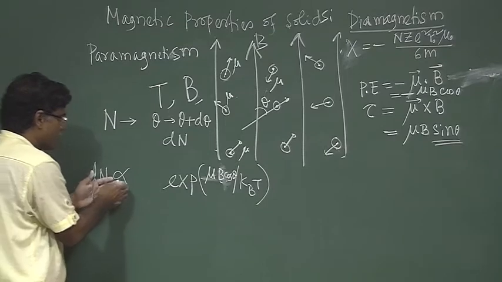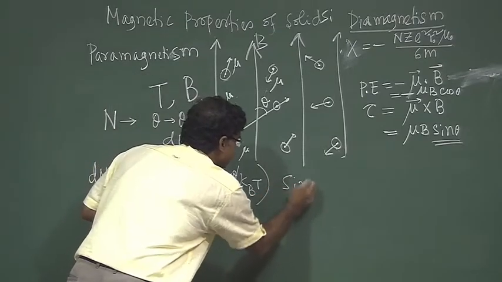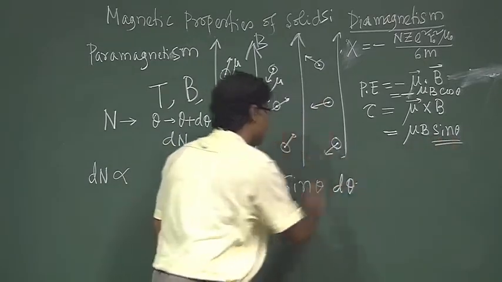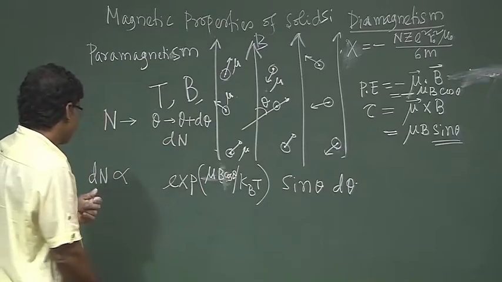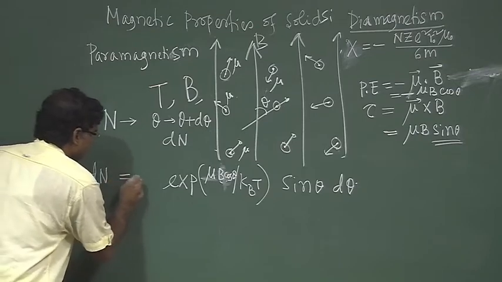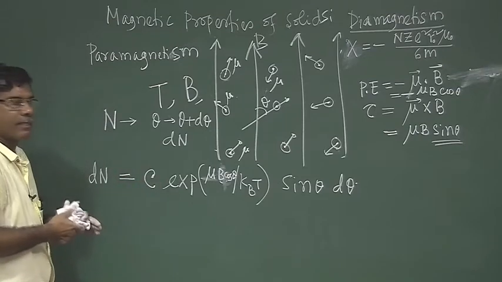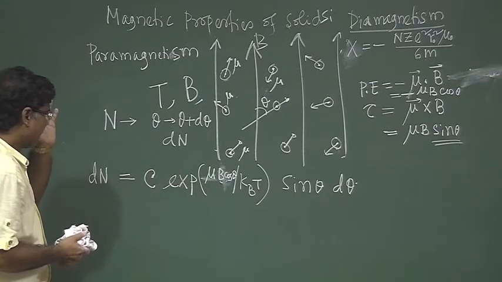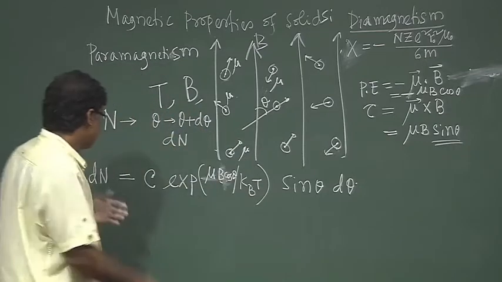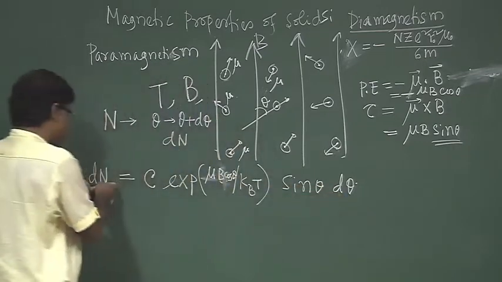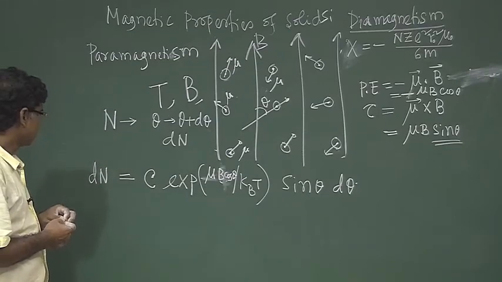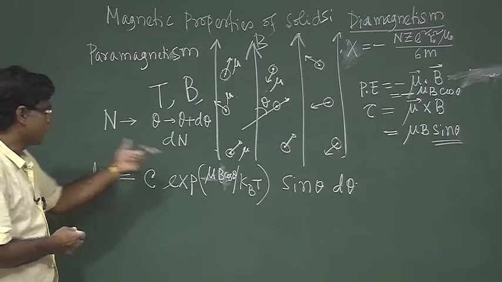So I can write this as proportional to this, and then sin theta and then d theta, and I can take a proportionality constant C. This is the number of moments or atoms oriented within this d theta range.